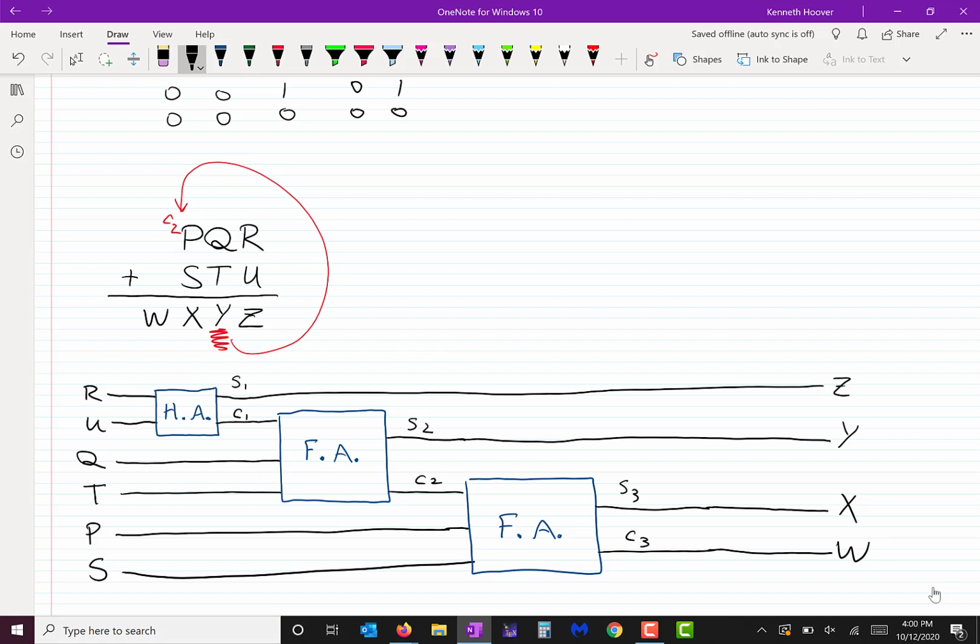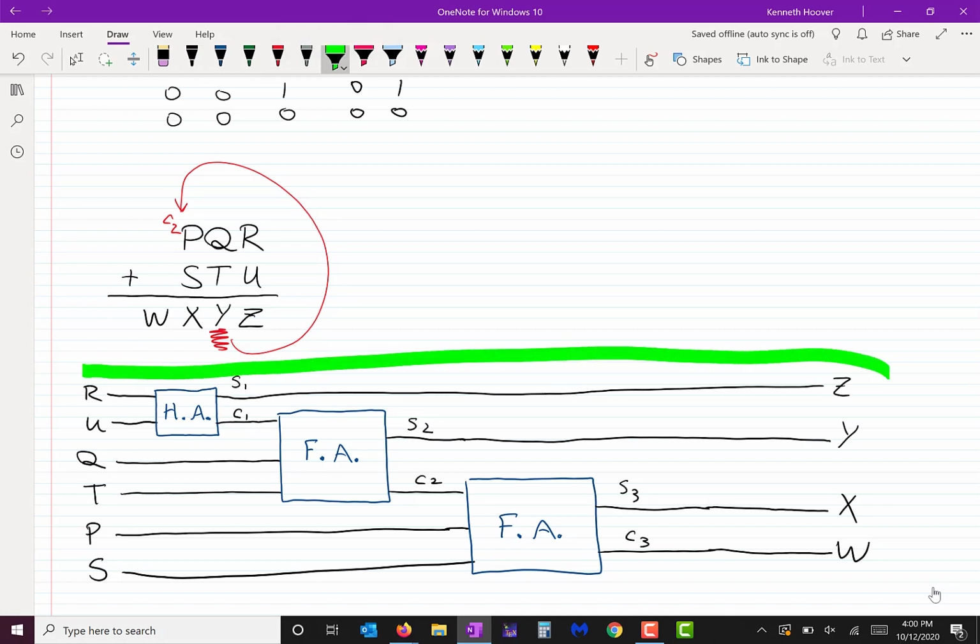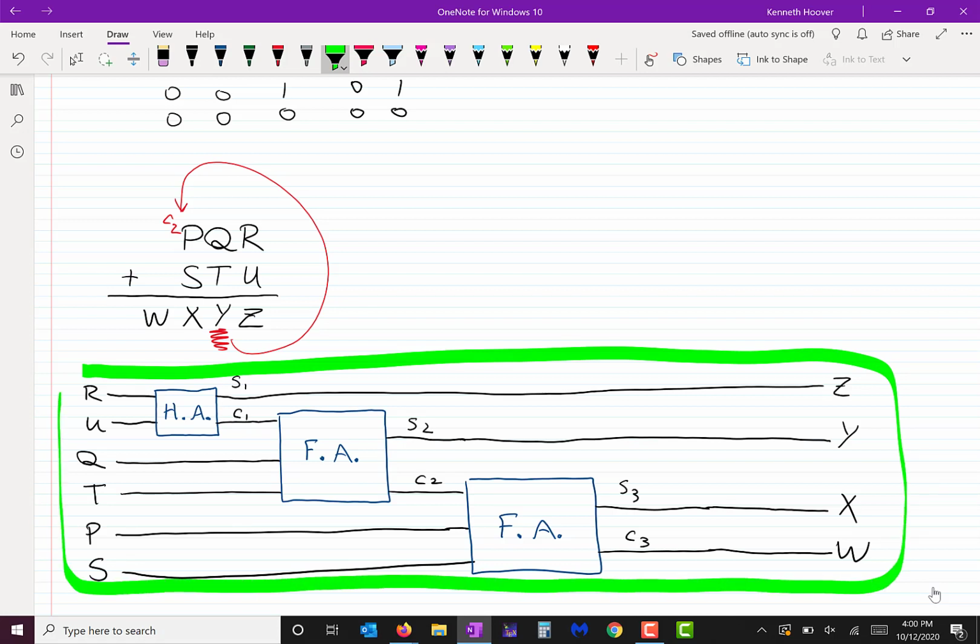Okay? And you can imagine from that how you would write a circuit that would add two 4-digit numbers together, or two 5-digit numbers, or so on and so on. Okay, so I want you to hopefully understand. If that ends up being beyond you, then you might have to resort to the next best thing, which is memorize that circuit right there.